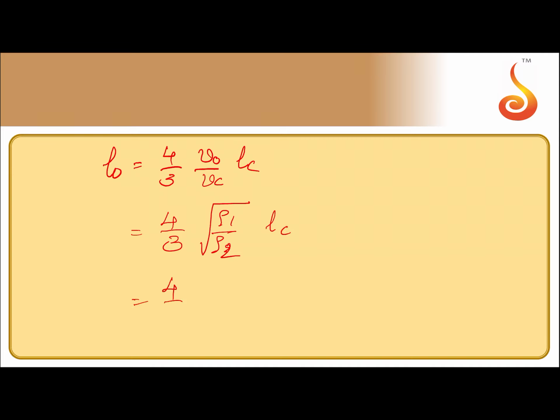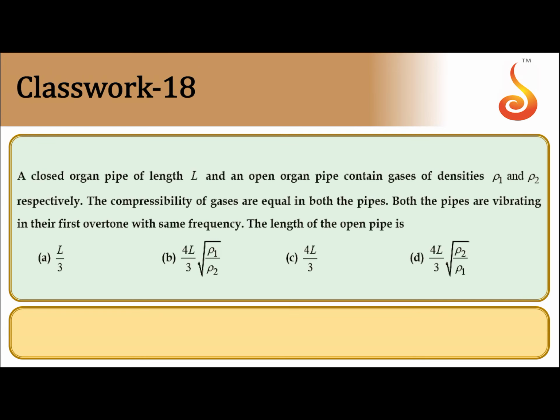So 4 by 3 L root of rho 1 divided by rho 2. This is the length of the open pipe. So the length of the open pipe is equal to 4L divided by 3 root of rho 1 divided by rho 2. B is our correct choice.